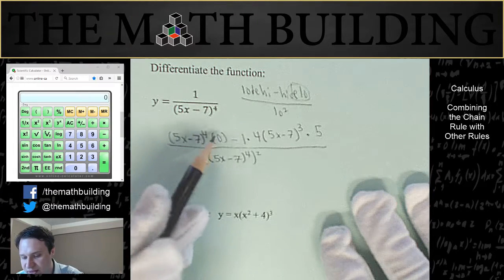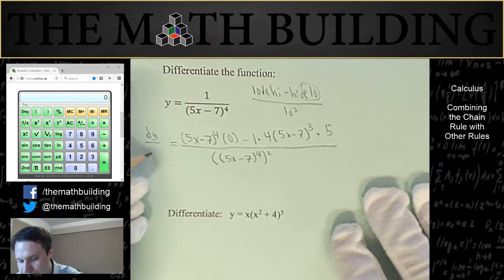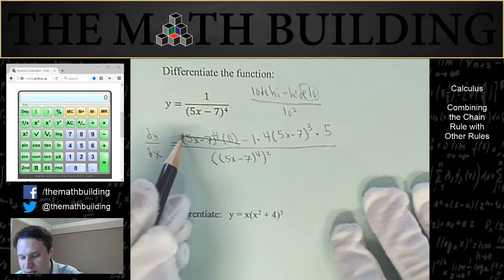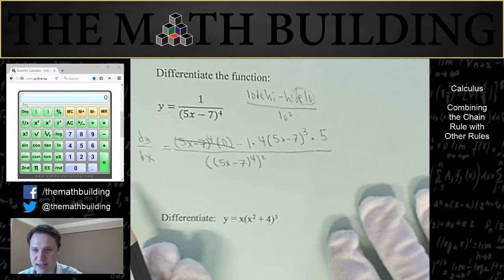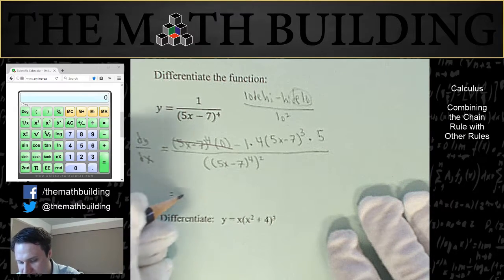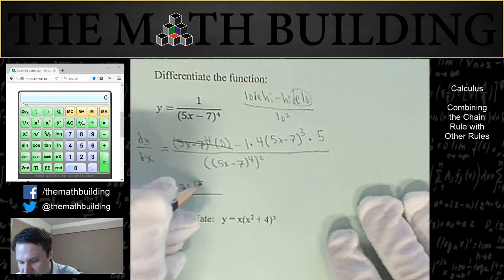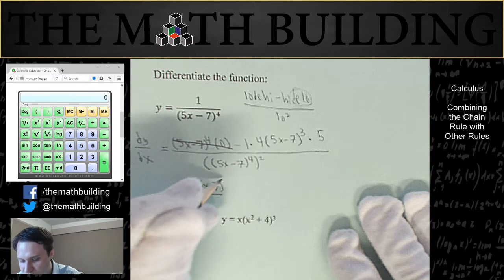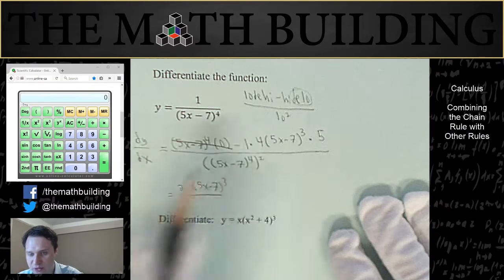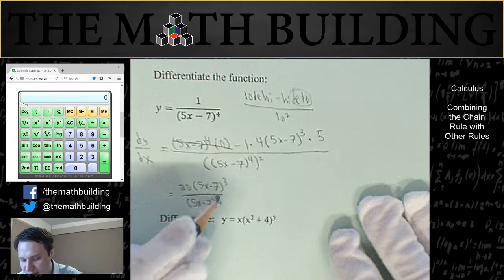So let's simplify this a little bit. By the way, this is equal to dy dx. All of that's going to go to 0. Let's just rewrite this. On the top, I have 5 times 4, so 20 times 5x minus 7 to the 3. And here we have a power to a power, so that would be 5x minus 7 to the 8.